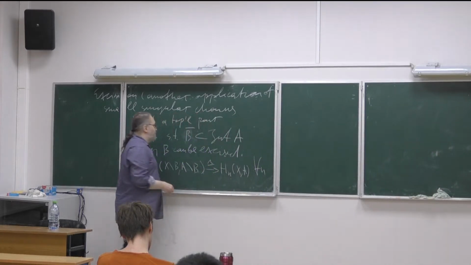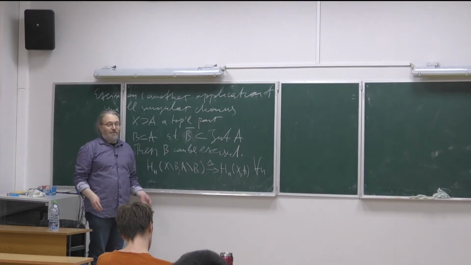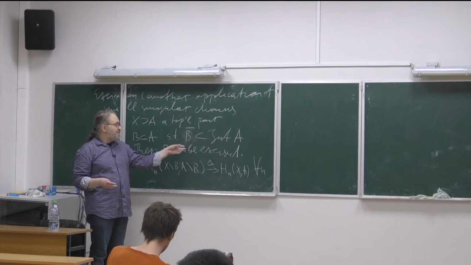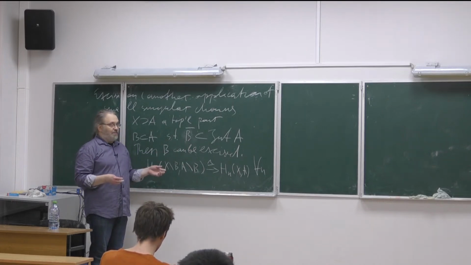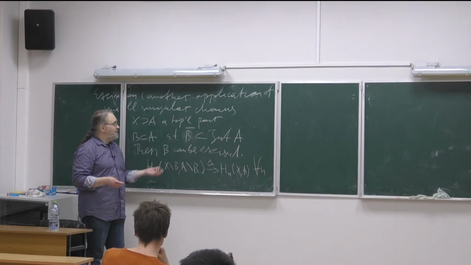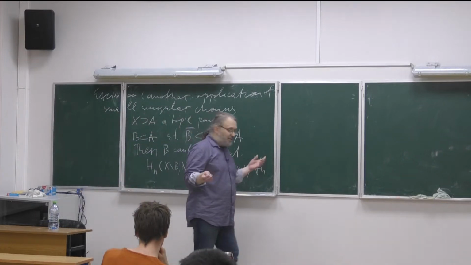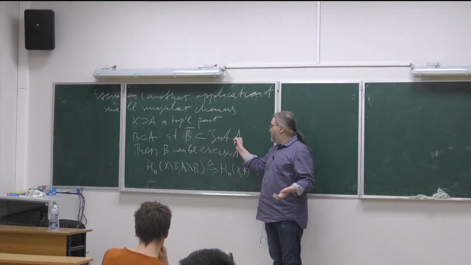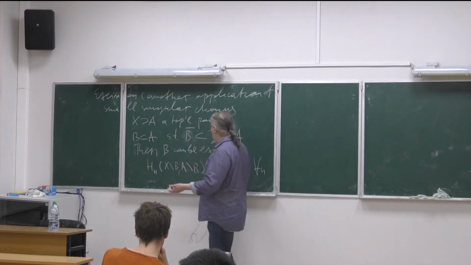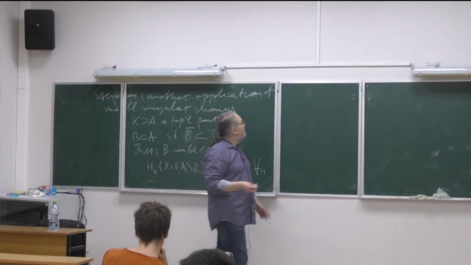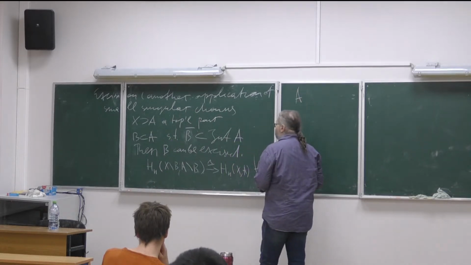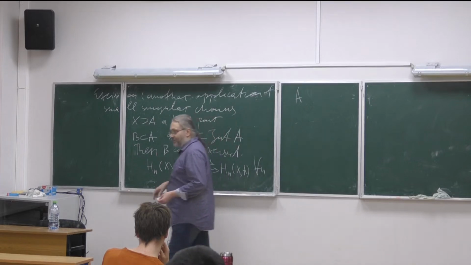Well, we need to find two subsets of X such that the interiors cover X. One of those, it would be logical to take as A. What about the other one?